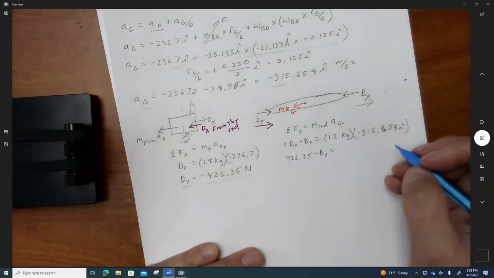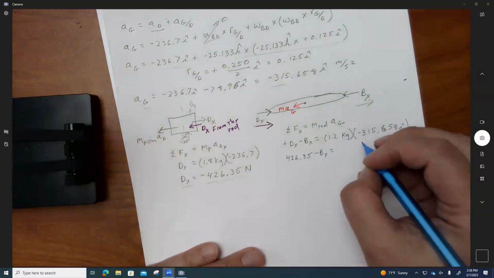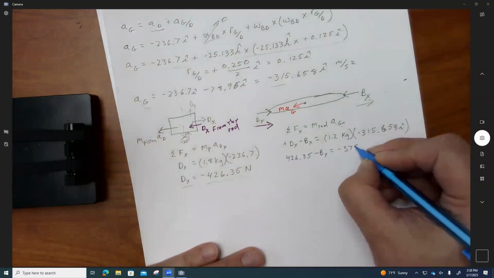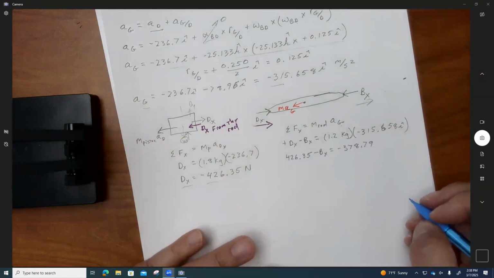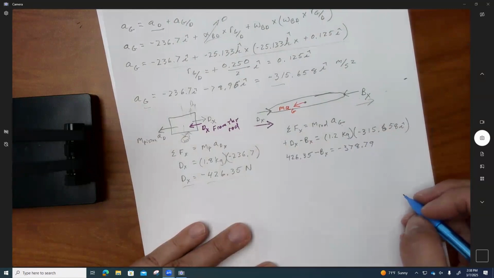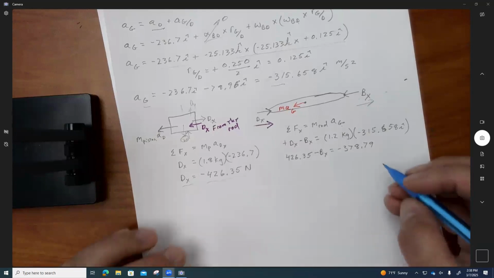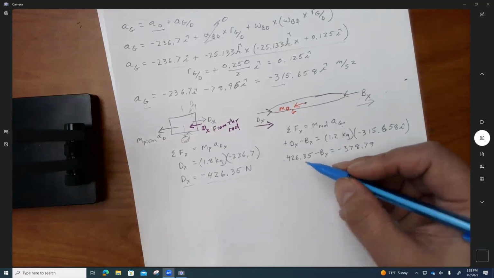And if we multiply that together, the 1.2 times the 315, we'll get a minus 378.79. Okay. If we solve for Bx, we are going to bring this over, and that's going to be a negative number.